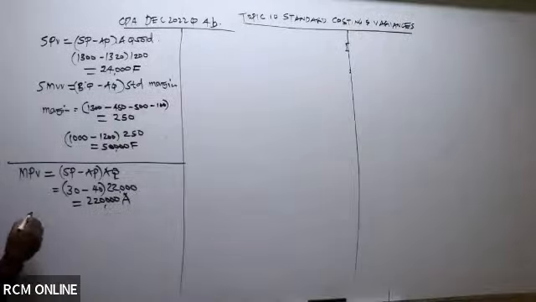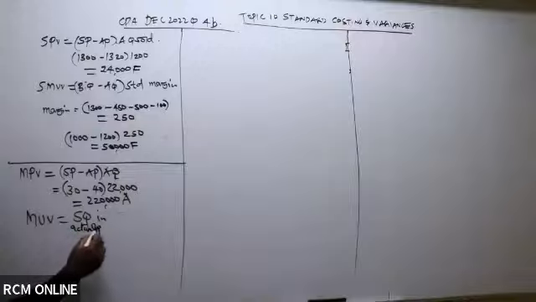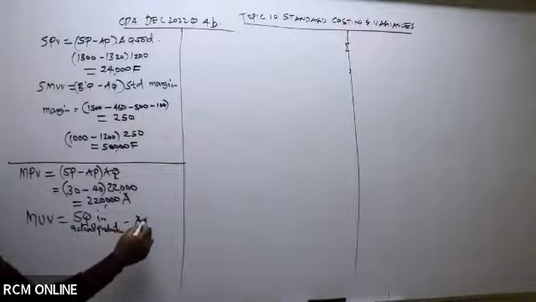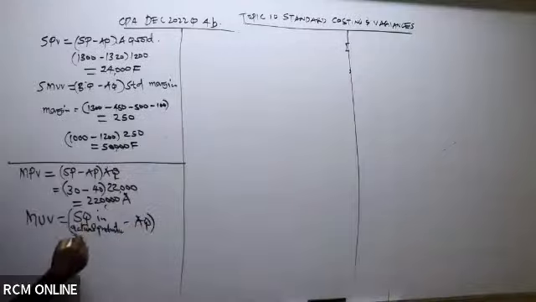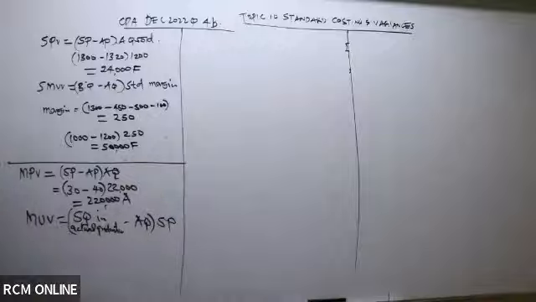Let's go to material usage variance, which is equal to standard quantity in actual production minus actual quantity of raw material used, multiplied by standard price.